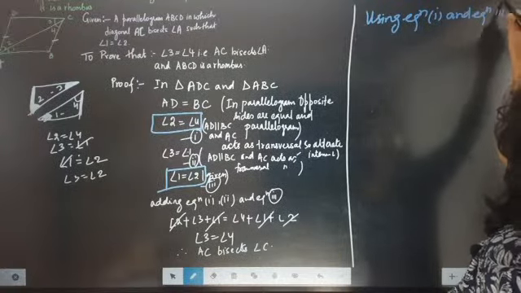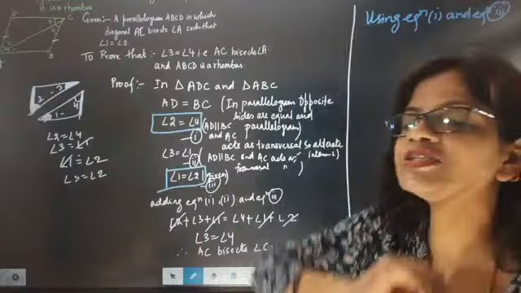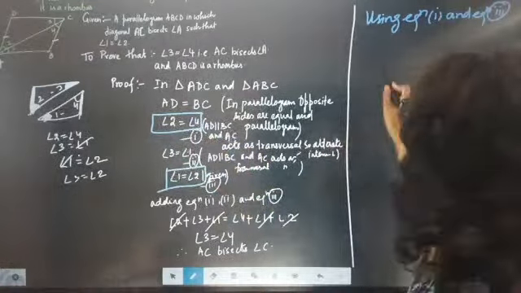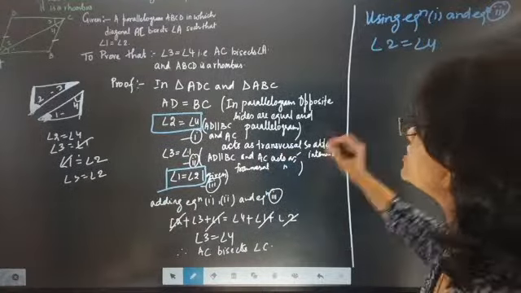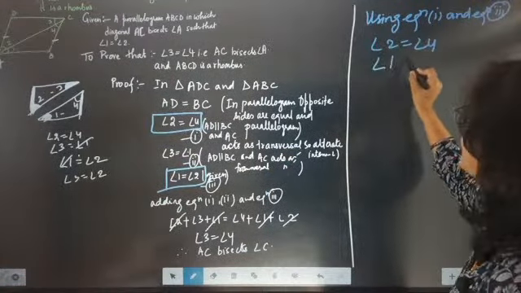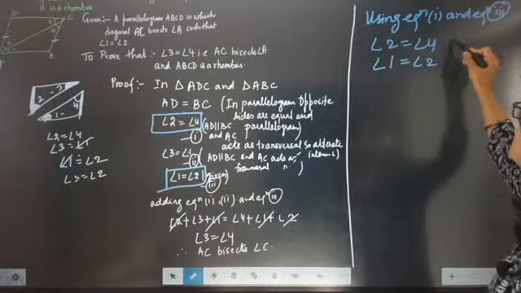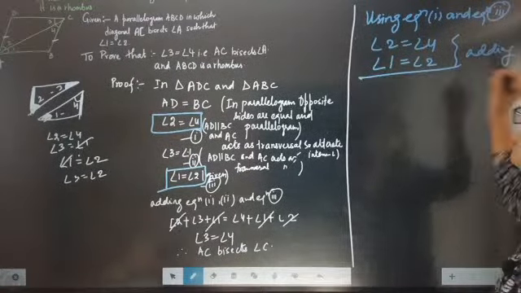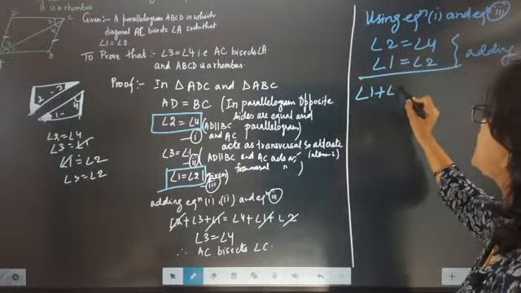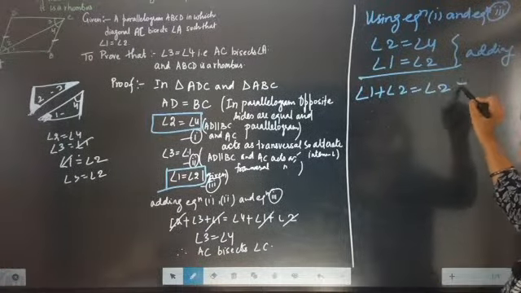Equation 1 is saying that angle 2 equal to angle 4. Equation 3 is saying angle 1 equal to angle 2. So we are going to add it up. We are going to get angle 1 plus angle 2 equal to angle 2 plus angle 4.